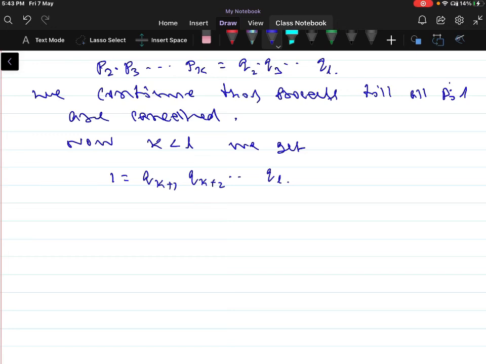So 1 cannot be written as a product of q(k+1), q(k+2) and so on ql, because they are prime numbers, which is not possible because the qi's are prime.